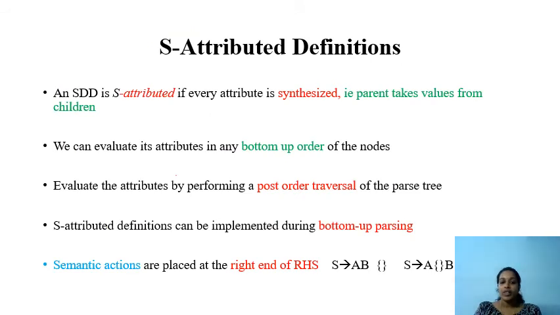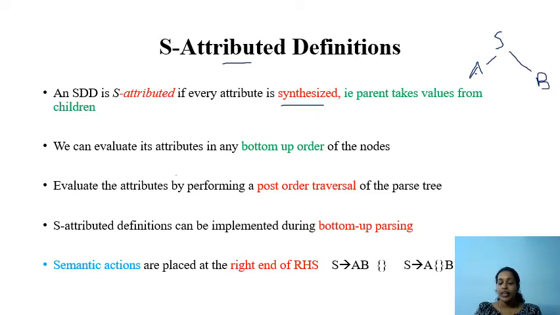Now, S attributed definitions. S attributed definitions are SDDs that use only synthesized attributes. Now we know what a synthesized attribute is: the parent takes its values from its children. As here, S gives AB.